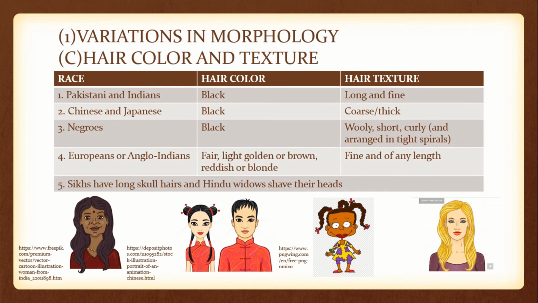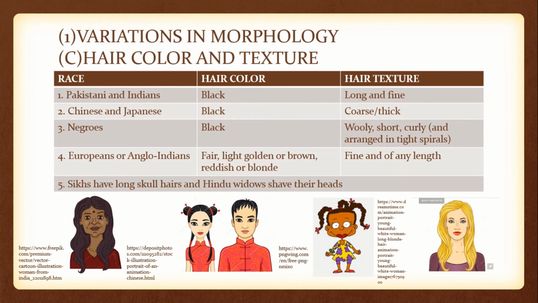As you can see in this animated picture I have added over here, this lady has light golden hair color, and her hair texture is fine and of long length, so she would most probably be a Caucasian, Caucasoid, or European. And finally, just for the sake of completion, remember this point as well, that Sikhs have long skull hairs and Hindu widows shave their heads. So this is all about hair color and hair texture.